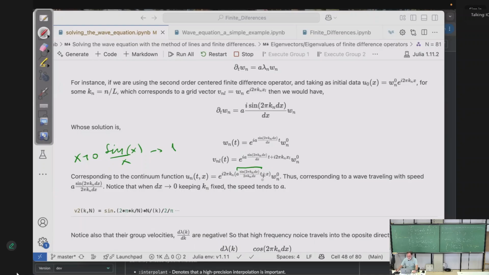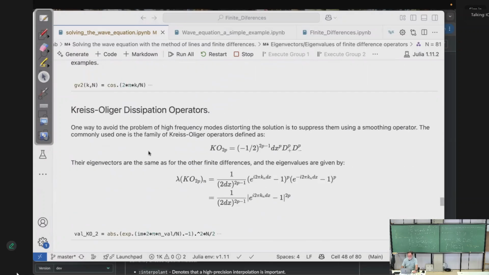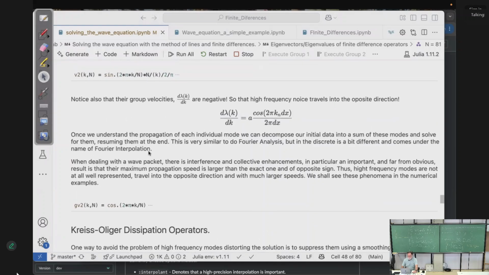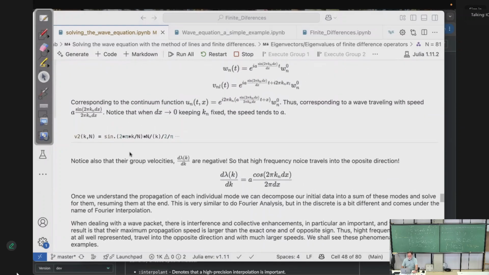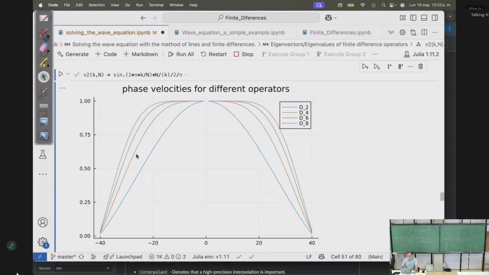this factor here, which is the one that we plot upstairs. It's the one we plot here. So this divided by k is the speed. I think I have the plot here. These are the phase velocities. You see near 0, the velocities are near 1 for low frequencies.